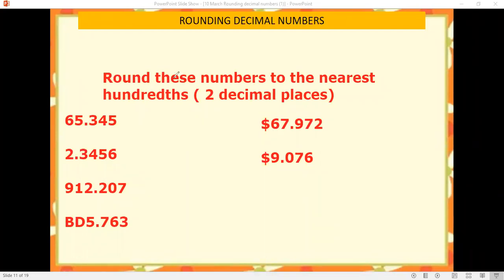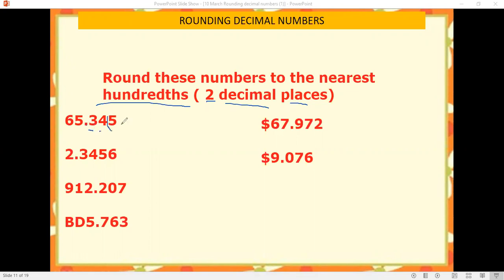Okay, so round these numbers to the nearest hundredths, at least 2 decimal places. Okay, so remember, hundredths means it's at the second decimal place, second digit after the decimal point. So let's count 1 and 2. So that's the hundredths.